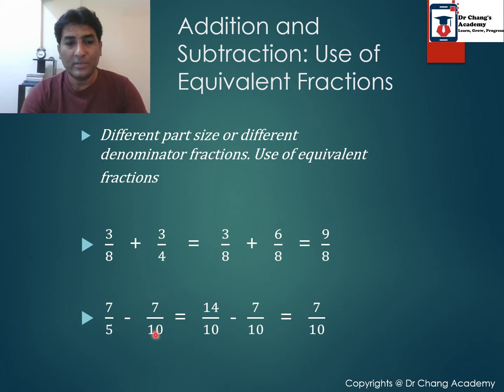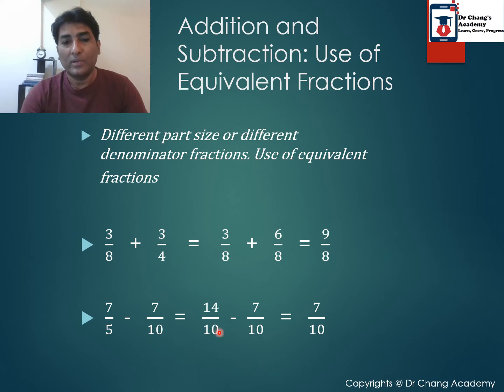7/5 minus 7/10. So in this case, we just need to find the equivalent fraction of this, which has 10 denominator. So we did that. 2 times 5 is 10, 2 times 7 is 14, so 14/10 is equivalent to 7/5, and now we have two fractions which have the same denominator.